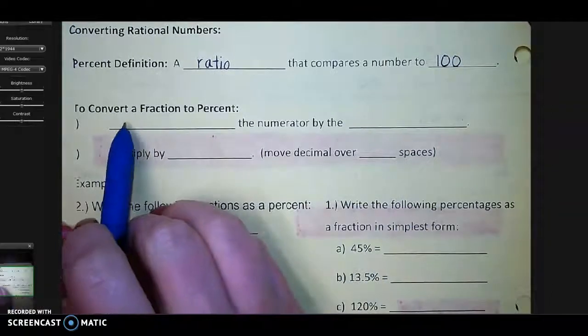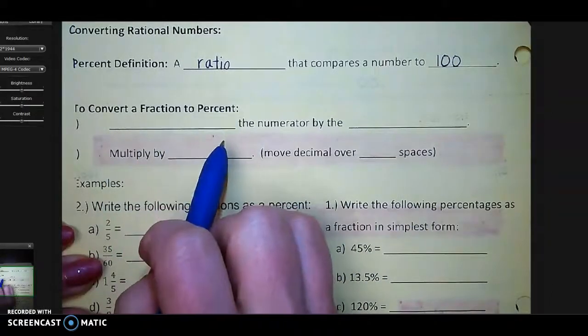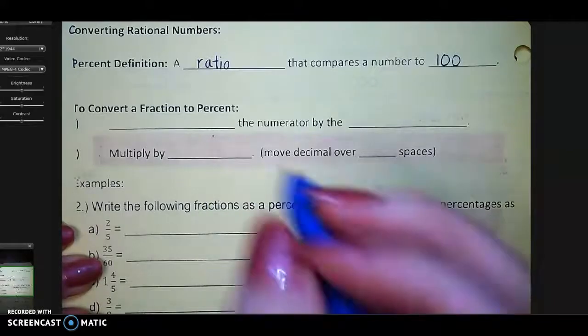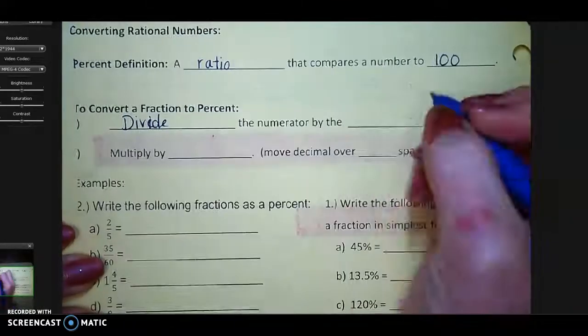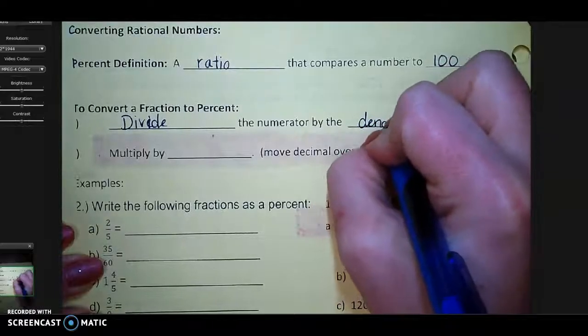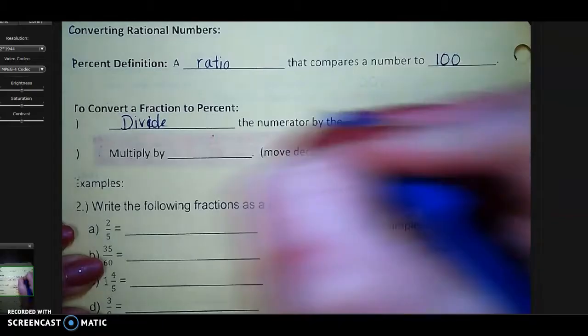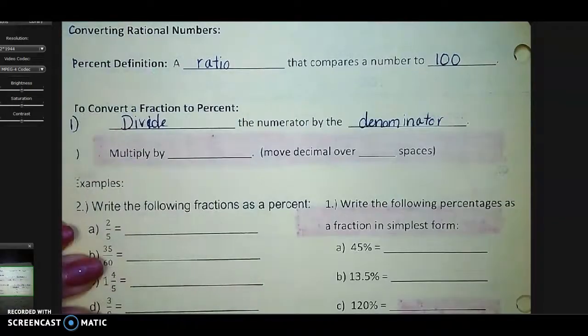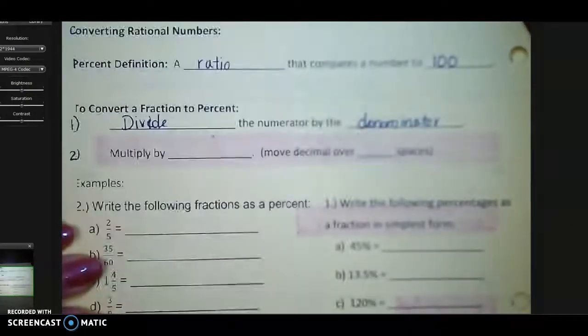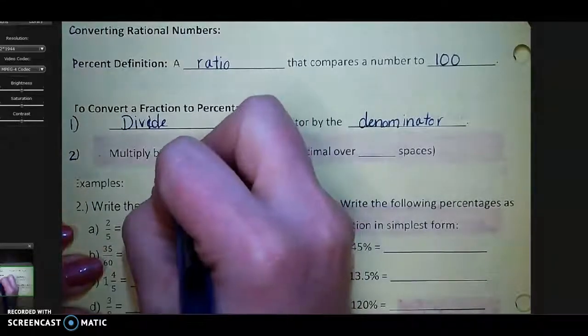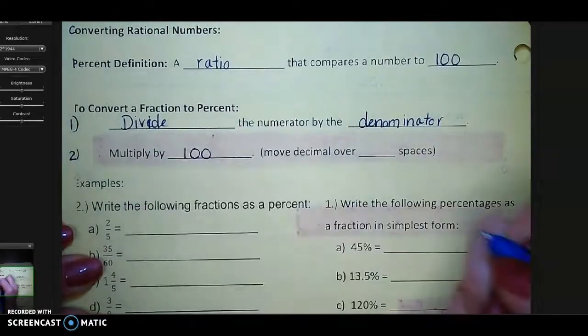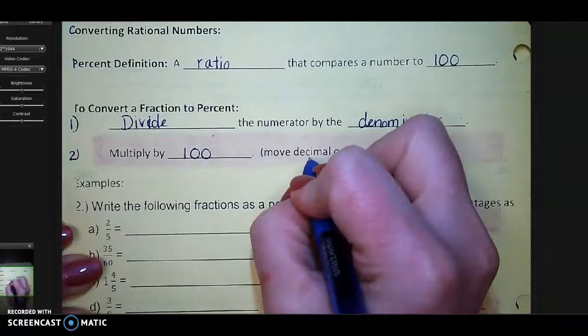So when I am converting a fraction to a percent, I'm going to divide the numerator by the denominator, and my second step is going to be multiply by 100. And when I multiply by 100, that's going to move my decimal point.